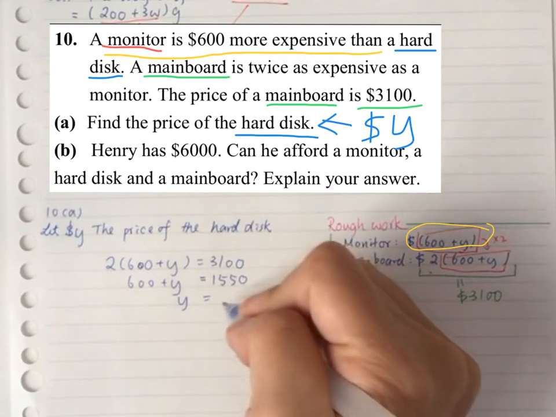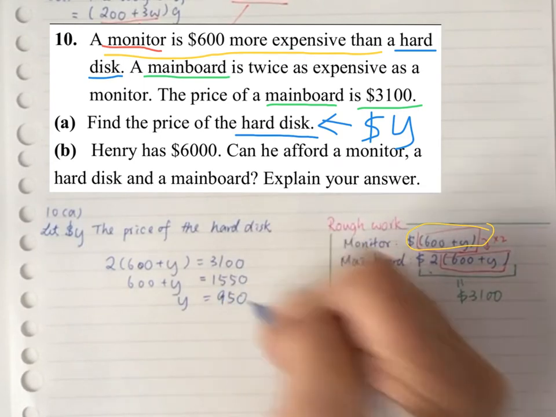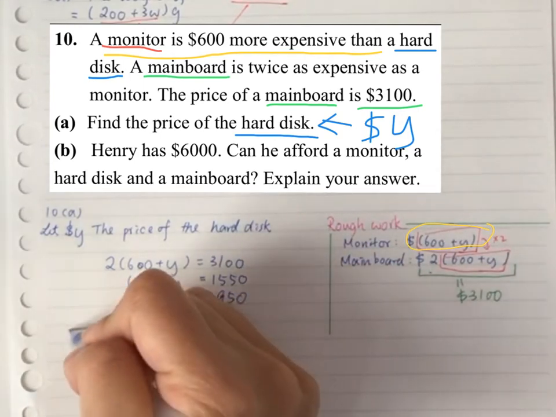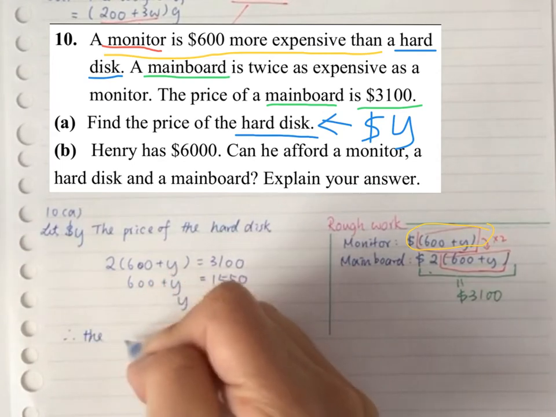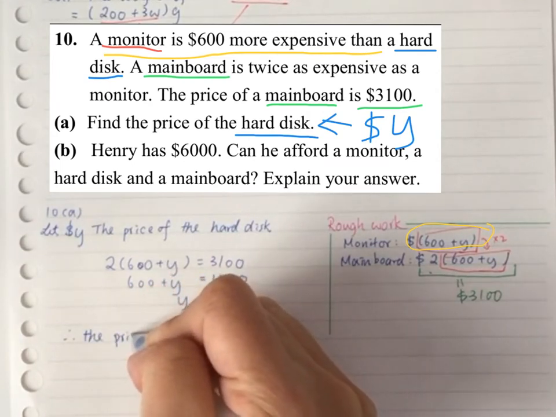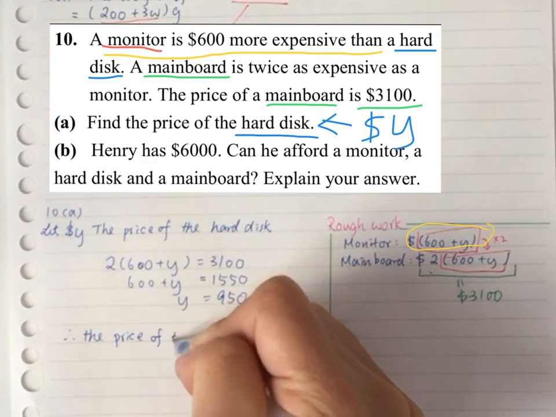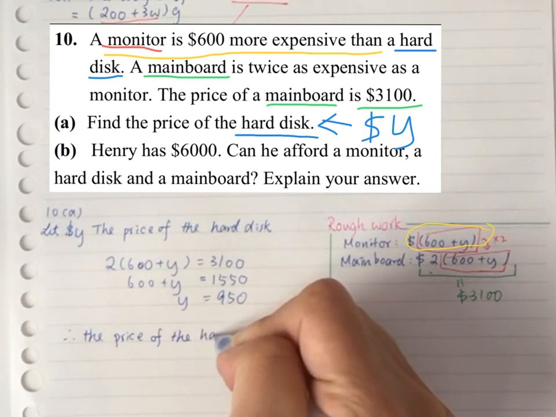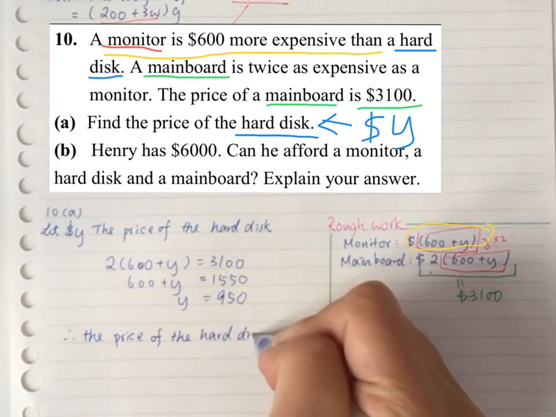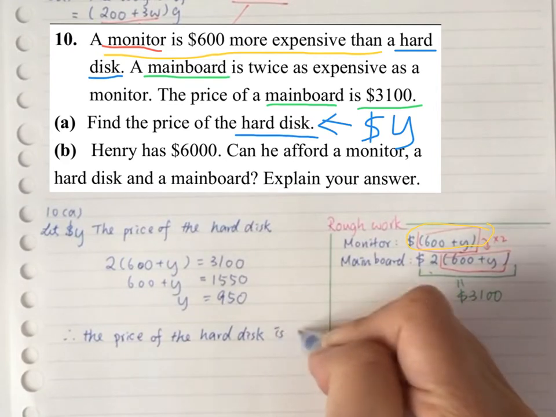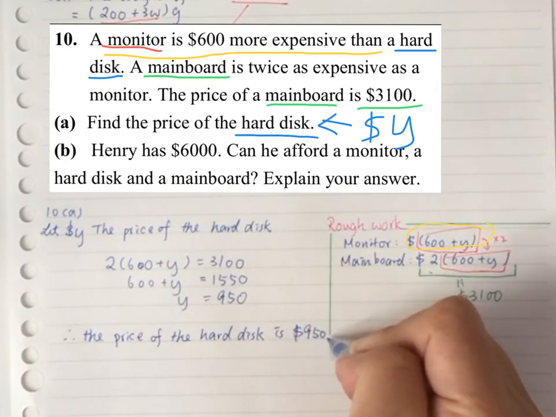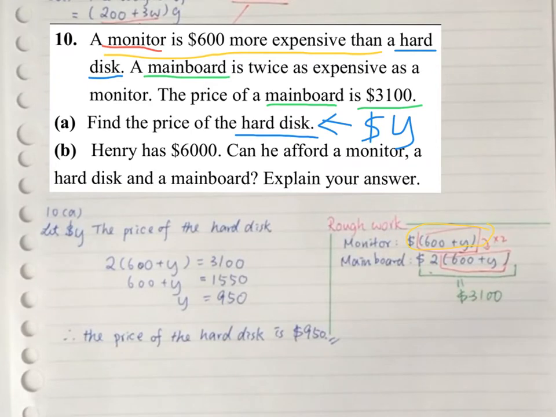Then minus 600 on both sides, and you will get the value of the hard disk. But remember, y is only a value, and we need the price of a hard disk, so we write the answer back with the dollar sign. So that is part A.